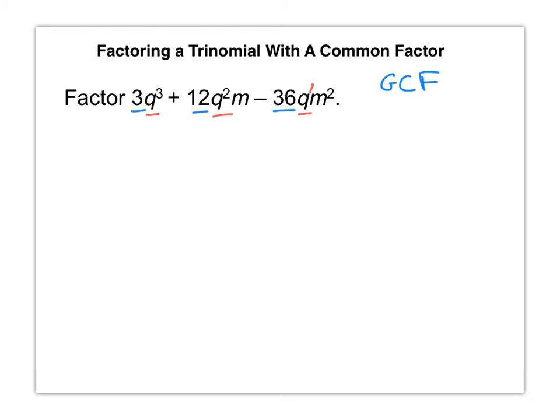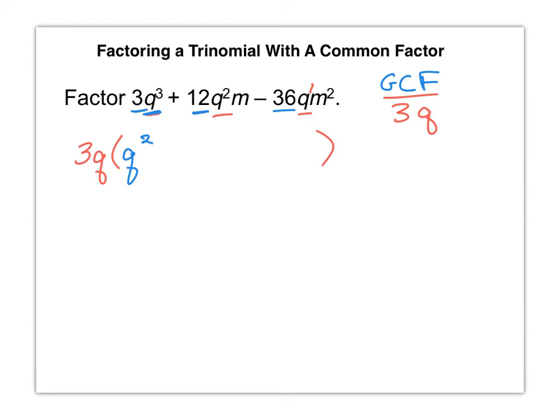The GCF in this case would be 3q to the first. So we're going to factor out the 3q in the beginning, and then we'll have a trinomial in the parentheses that will factor using the simple trinomial factoring form. So when you factor out the 3q, you're dividing out. 3 divided by 3 is 1, and q to the third divided by q to the first is q to the second power.